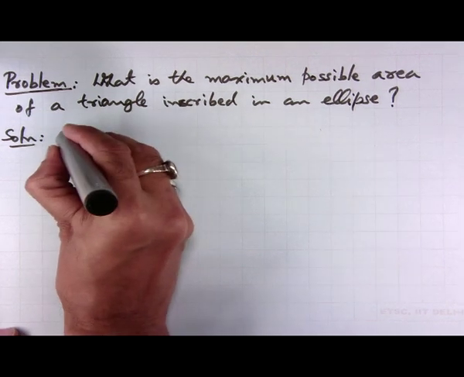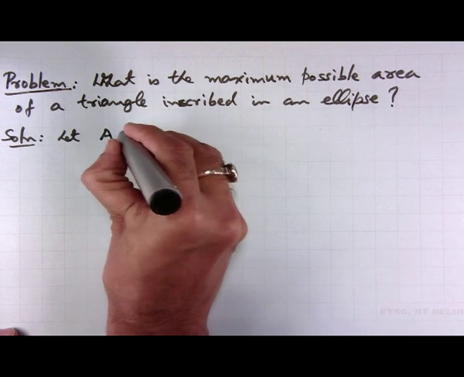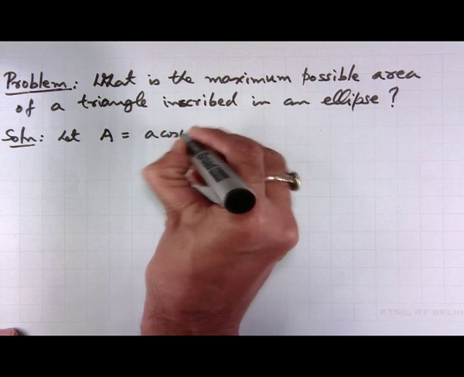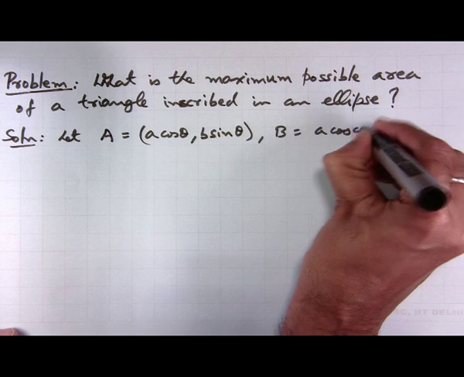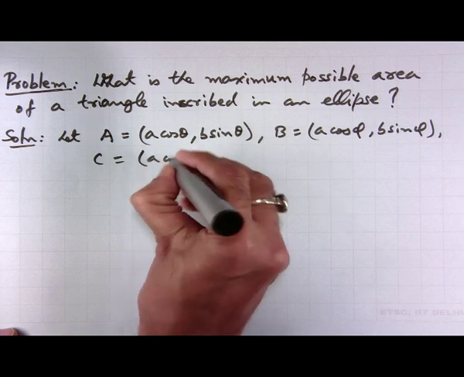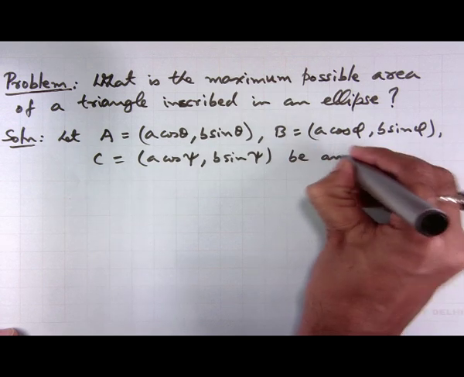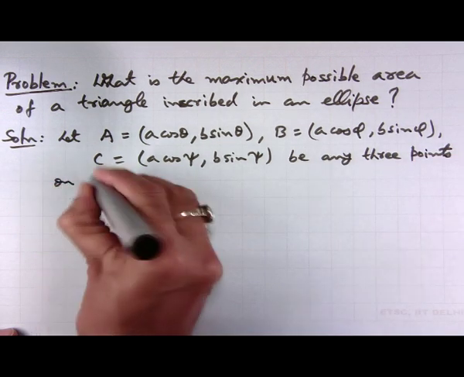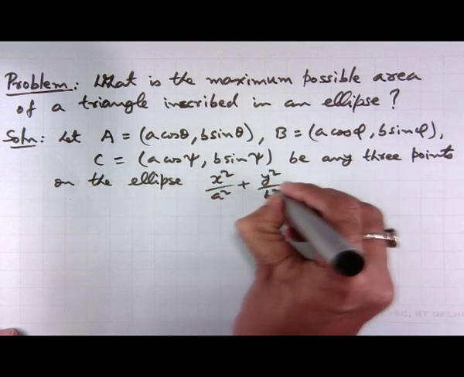So, let A equal to a cos theta, b sin theta, B equal to a cos phi, b sin phi, C equal to a cos psi, b sin psi, be any 3 points on the ellipse x square by a square plus y square by b square equal to 1.